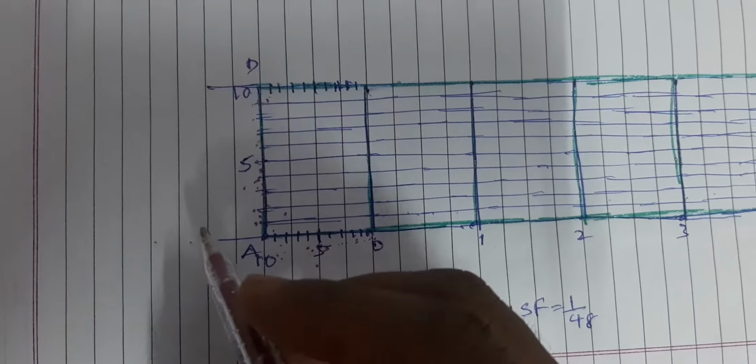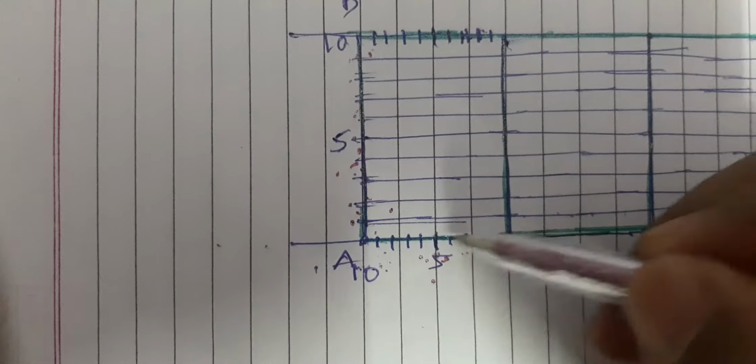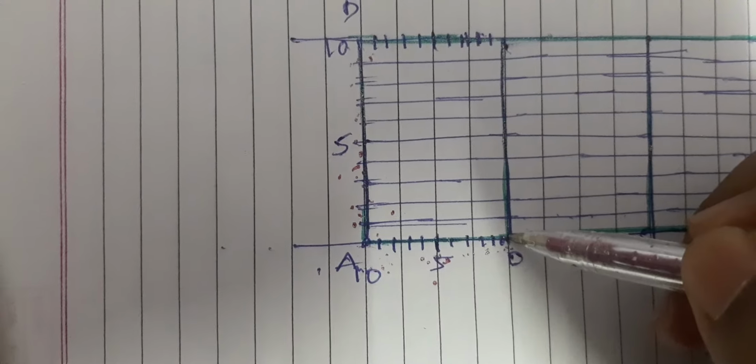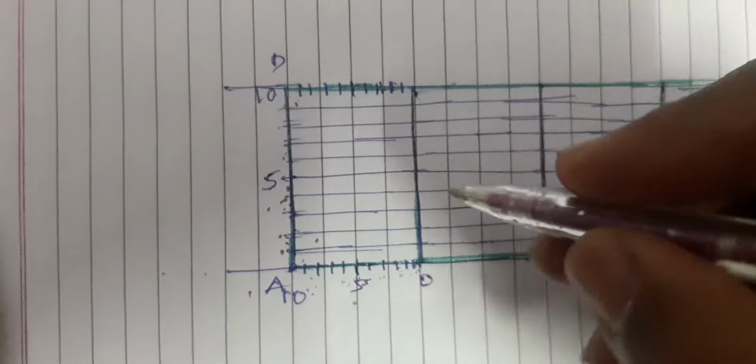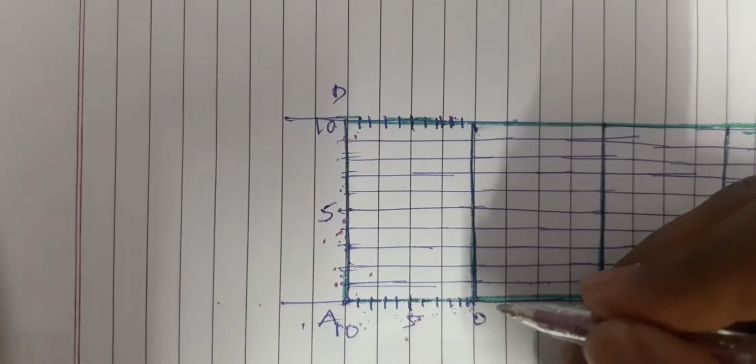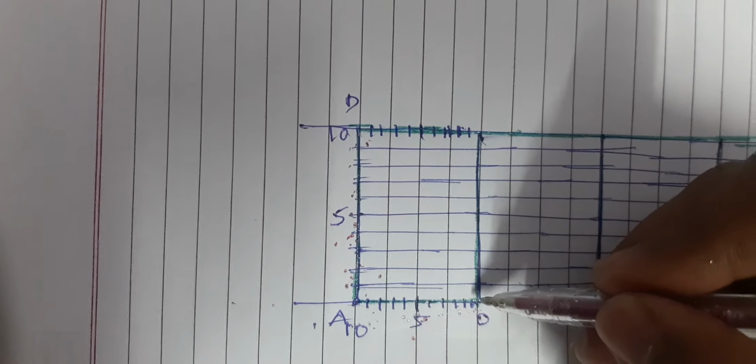Now listen carefully. As we divided this first division into 10 equal parts, now it's time to draw the lines.